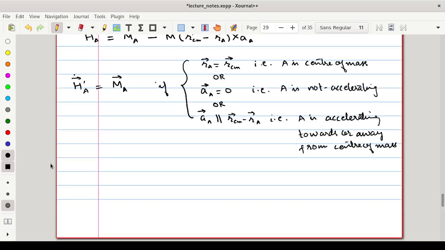So these are basically 3 cases for which this simple relation between rate of change of relative angular momentum and external moments is valid.